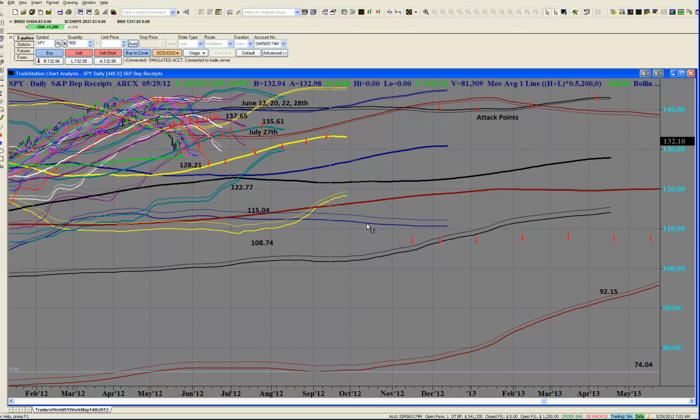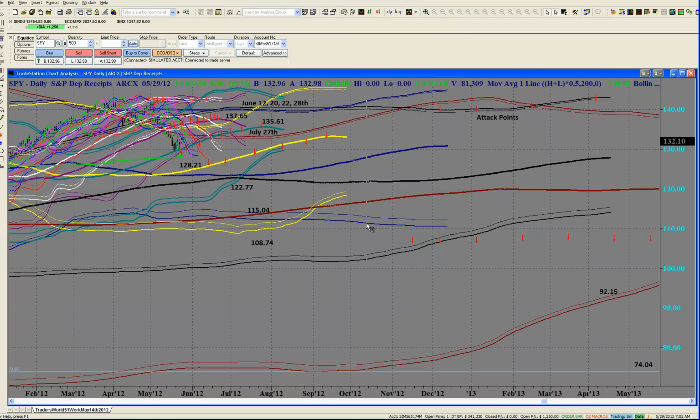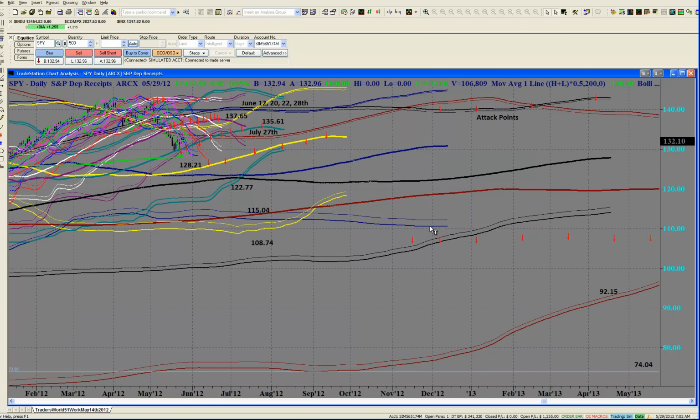risk initially for a push down to the 110.60 area on the SPYs, and then the worst case scenario would be that in early December or even as early as mid-November, we get a price trading underneath 110.60 for more than 1 day.